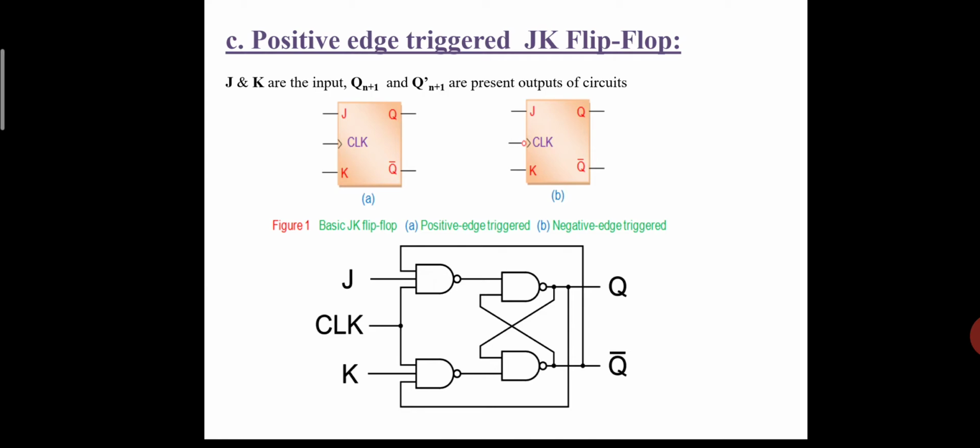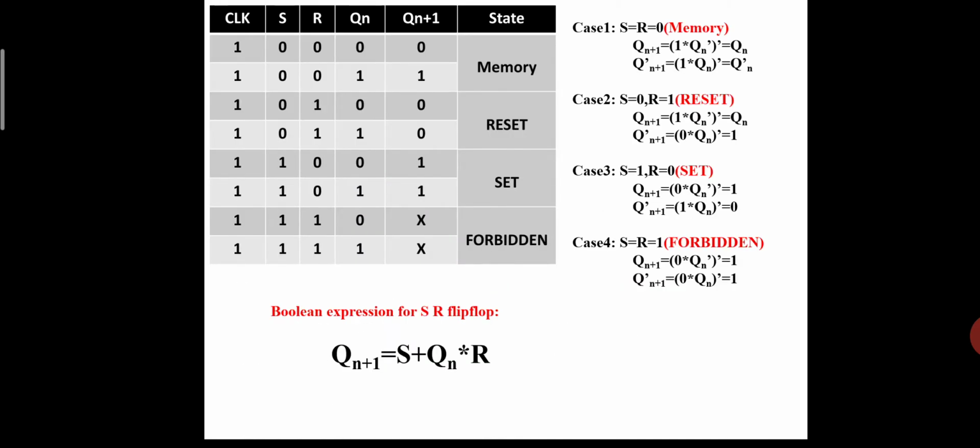That means the invalid state or indeterminate state is replaced by a toggle state. In the SR flip flop, this forbidden state or indeterminate state is replaced by the toggle state, since the toggle state may be useful for digital circuits instead of the indeterminate state.